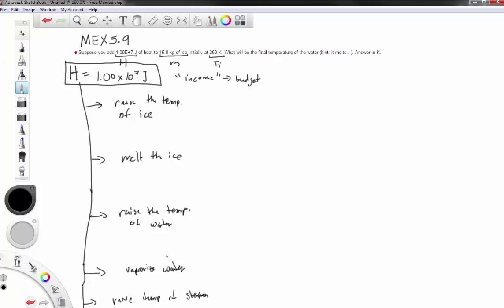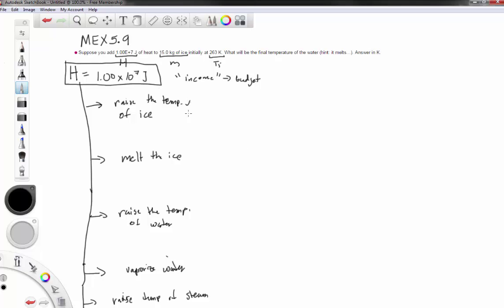You have to pay for, let's say, your rent, or if you have loans that you're paying off, you pay those, or your food bills, that kind of thing, before you pay for things like entertainment or the ability to eat out. So in a sense, we have to pay for this thing first, then we can pay for this, then we can pay for this, then we can pay for this, and if there's any money left over at the end, or if there's any heat left over at the very end, we are allowed to pay for this.